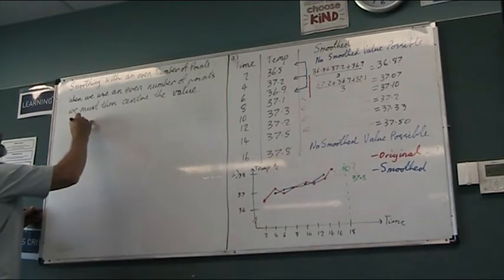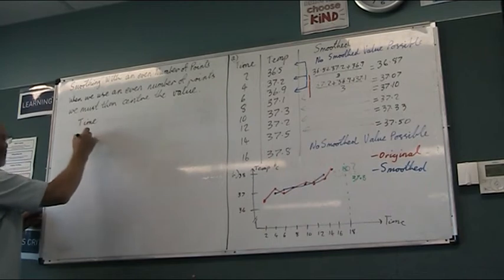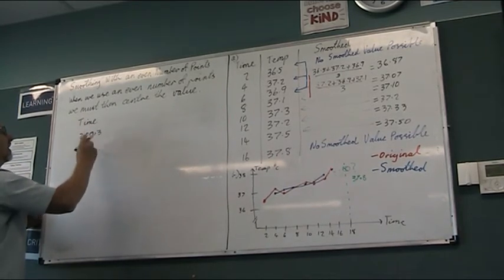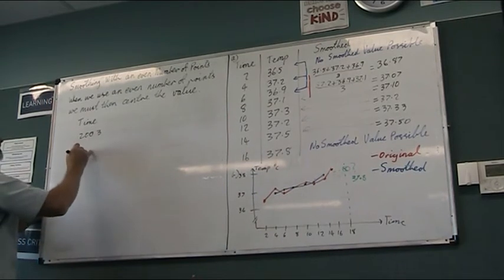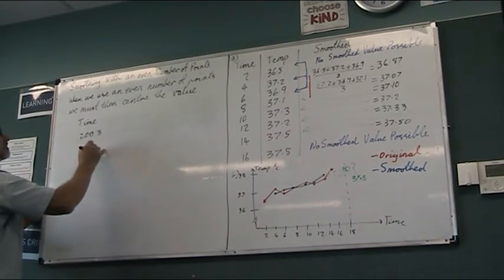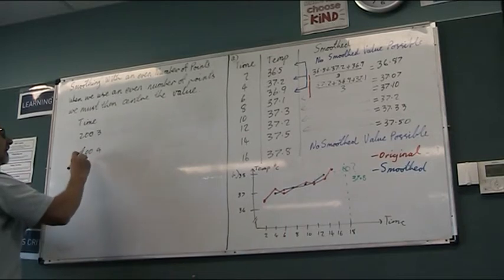Alright, so here's an example. I've got time and I've got 2003, 2004, 2005. Leave a space here, just one line. Again here we leave one line.